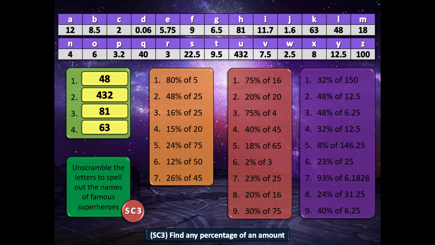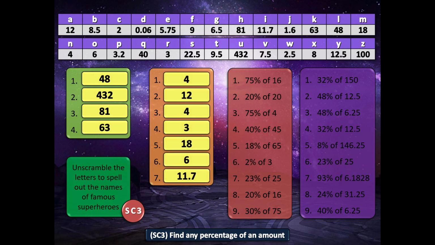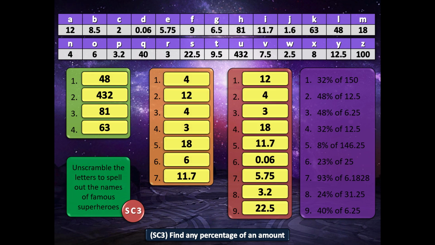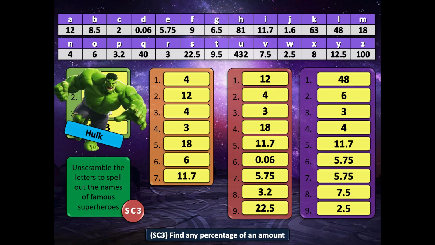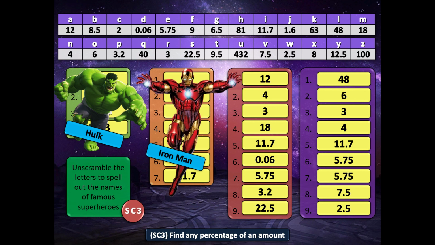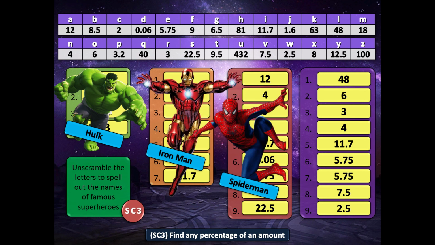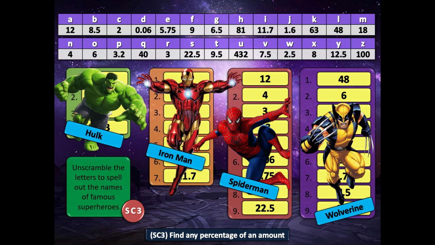So there's your green answers, there's your amber answers, there's your red answers, and there's your purple answers. The greens made Hulk, the ambers made Iron Man, the reds made Spider-Man, and the purples made Wolverine.